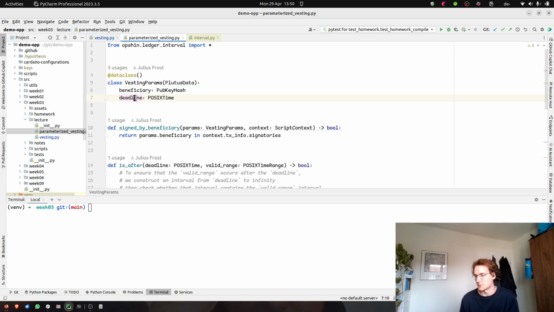Essentially this will give you, for example, a single address with many different UTXOs at it. All of these belong to the same beneficiary, which you have specified as a script parameter, but they can have different integers in the datum at which they are unlocked. So, for example, one person can easily see that all these funds belong to them, but they can only unlock them after some time.